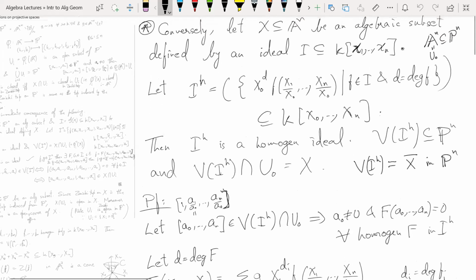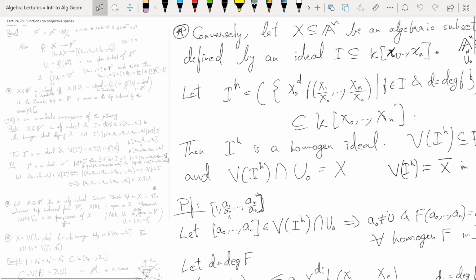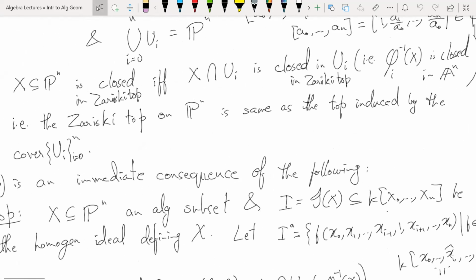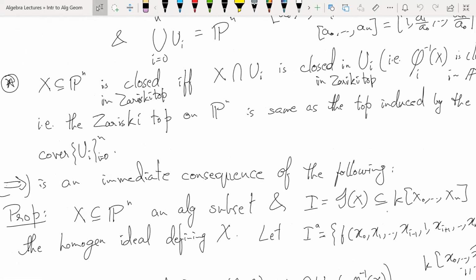So this should help in the other direction. For this statement, where X is Zariski closed in Pn implies X intersection Ui is closed, that we saw. Now, if X is some subset of Pn such that X intersection Ui is Zariski closed in Ui for all i between 0 and n, then X is Zariski closed in Pn.